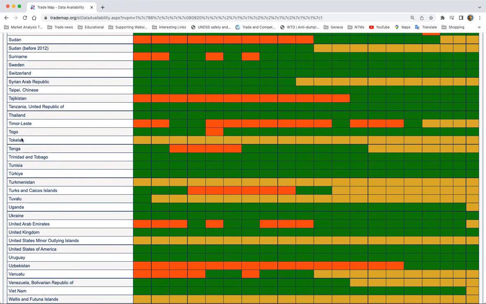Go down. Tonga, yes. Sorry, the quality is not great. I wasn't sure if you were talking about Tuvalu or Tonga. Yes. So here we can see as well that in the last 7 years.